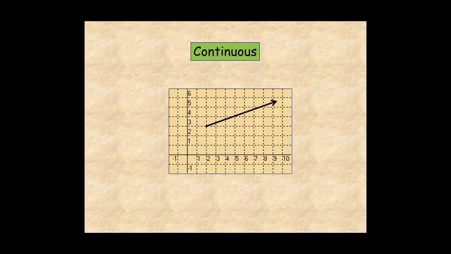For this relation, this arrow means the graph goes on forever in that direction. The relation is defined everywhere along the x-axis to the right of x equals 2. So the domain is described in set builder notation with an inequality, x greater than or equal to 2.